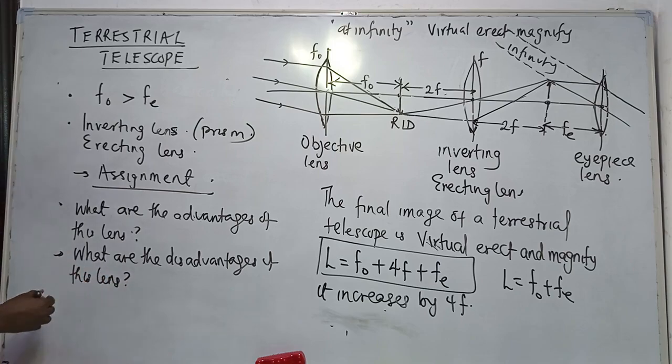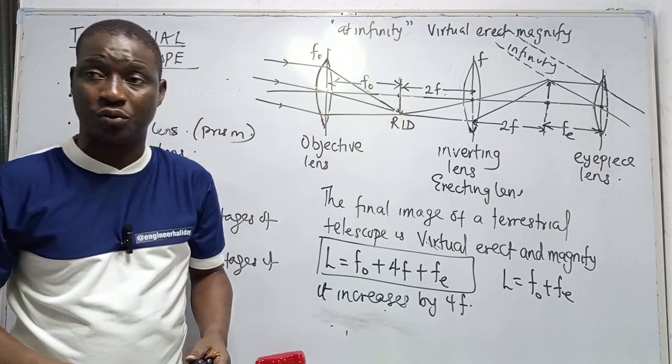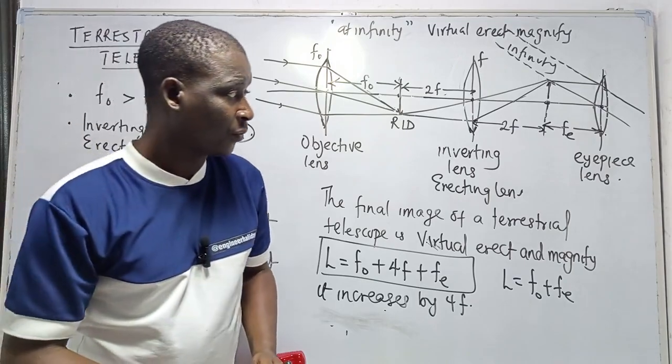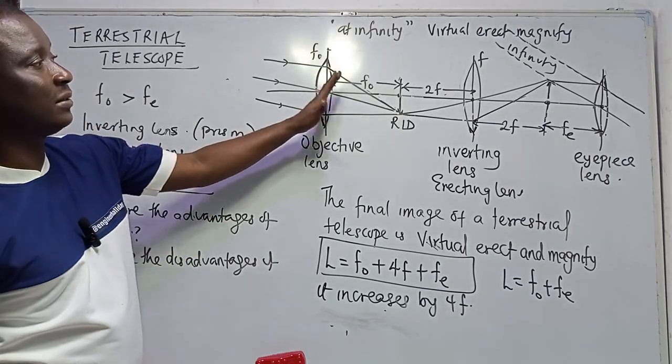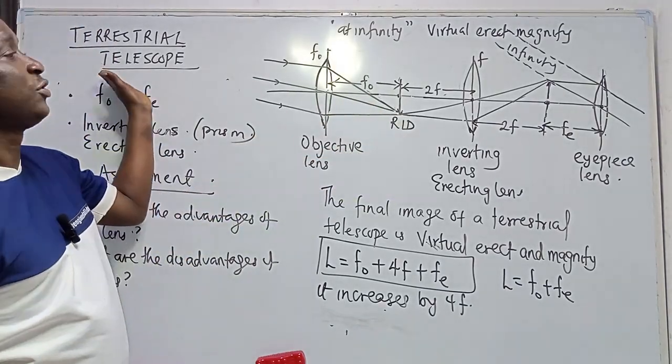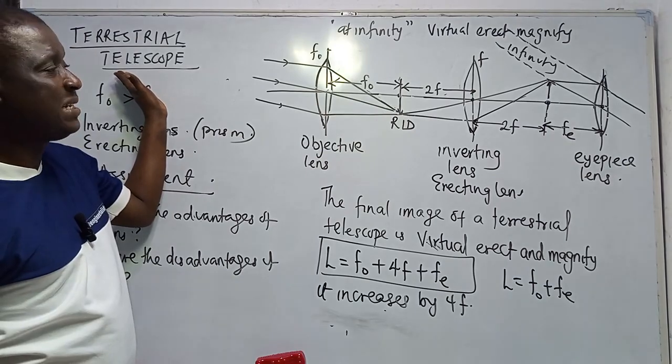So what I want you to do now is type your answer in the comment section so that in the next class we will explain the advantages and disadvantages, linking it up with what we call the prism binocular.